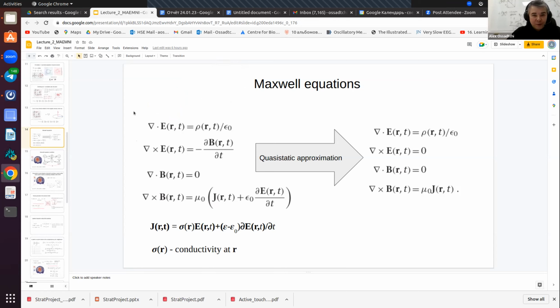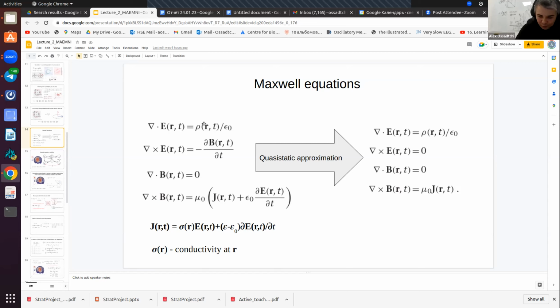The first Maxwell equation is very simple to understand. This is something you already know. This is the scalar product of nabla with vector E at location R, given by a radius vector, and at time t. This is what we call divergence, and this divergence is equal to the density of charges at this point R at time t.